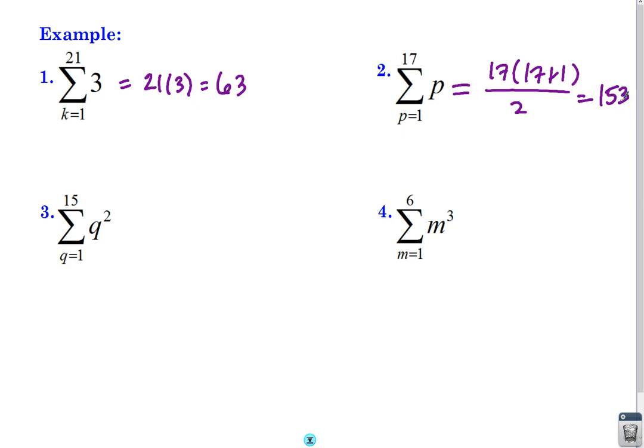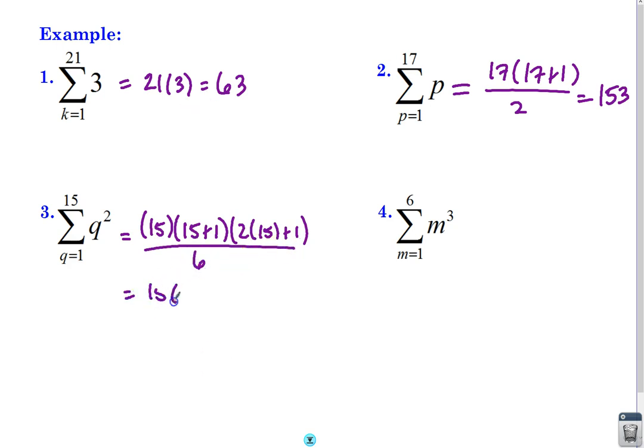Okay. Q squared, so from q equals 1 to 15, remember that's going to be n times n plus 1 times 2n plus 1. Oh, I don't need to write it all out. Let's go ahead and just put the numbers in here. So we're going to have 15 times 15 plus 1, 2 times 15 plus 1, all over 6.